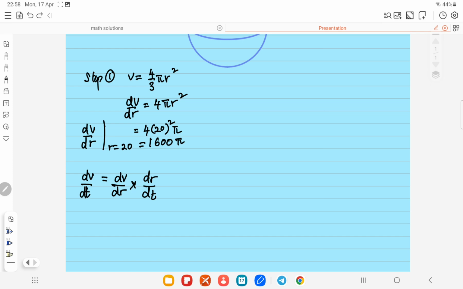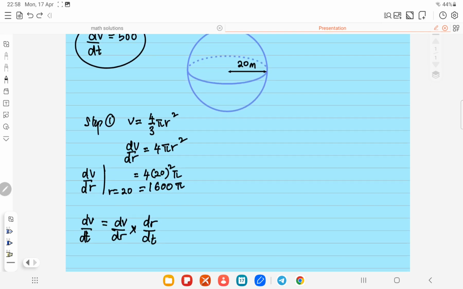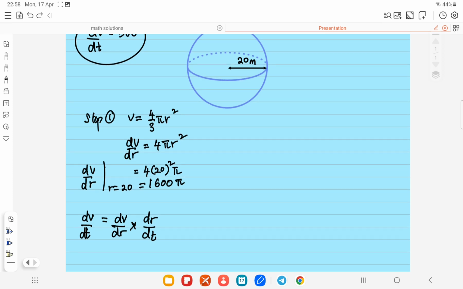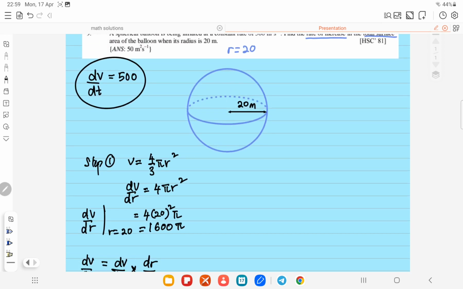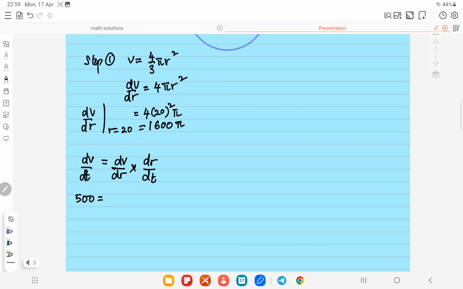So dV over dt, we have 500, just substitute. 500 equal to dV over dr, which we calculated just now, 1600 pi, multiply dr over dt.